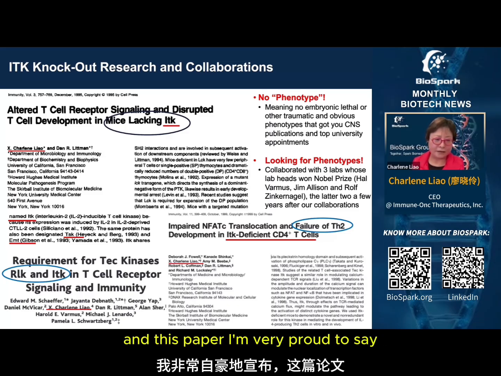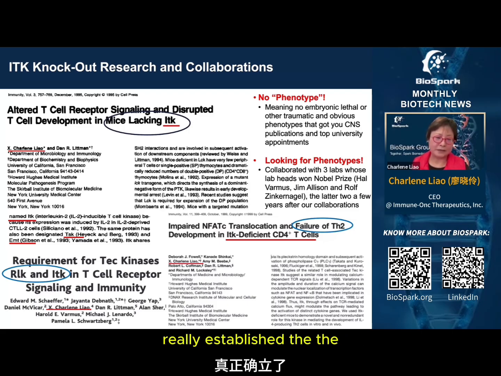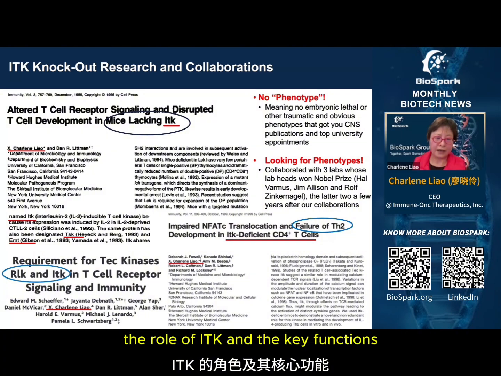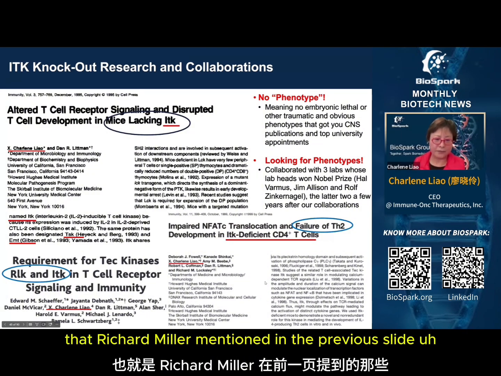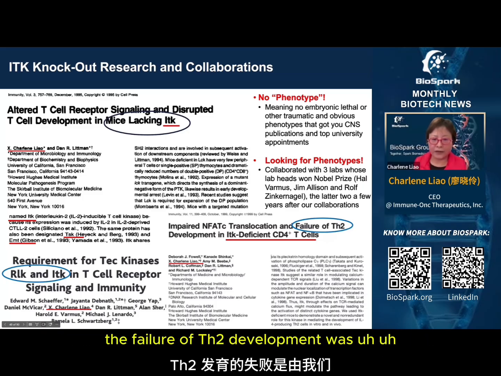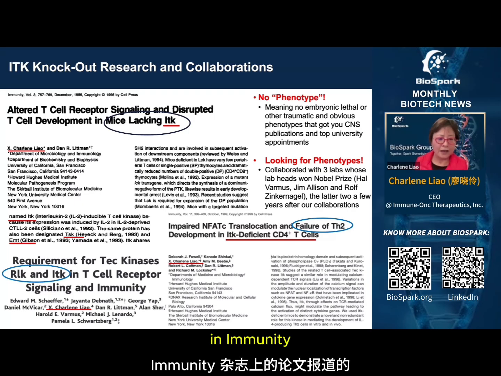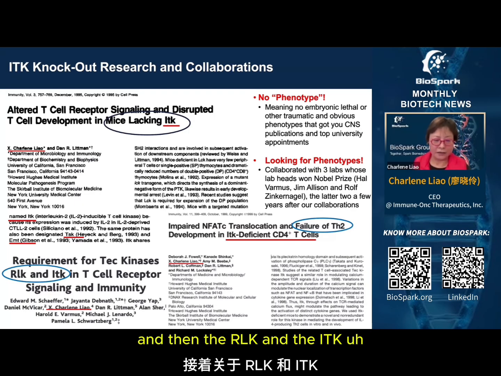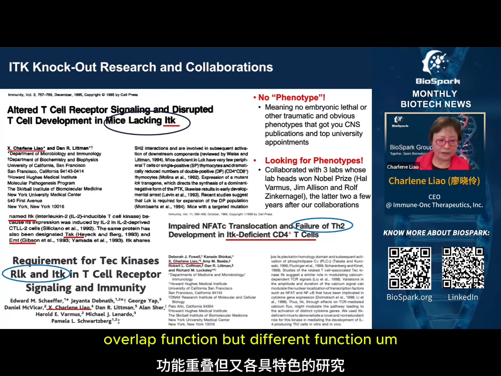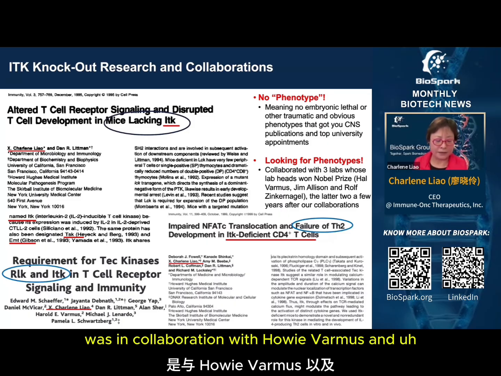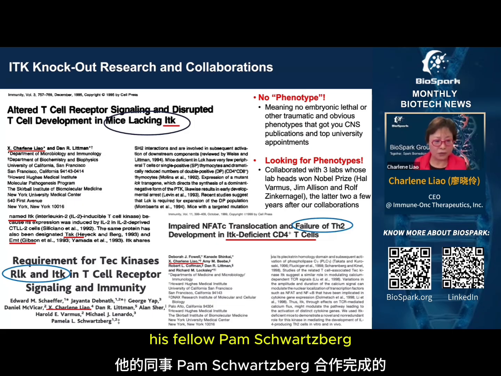And this paper, I'm very proud to say, really established the role of ITK and the key functions that Richard Miller mentioned in the previous slide. The failure of Th2 development was reported by us in Immunity, and then the RLK and ITK overlapping but different functions were studied in collaboration with Hal Varmus and his fellow Pam Schwartzberg.